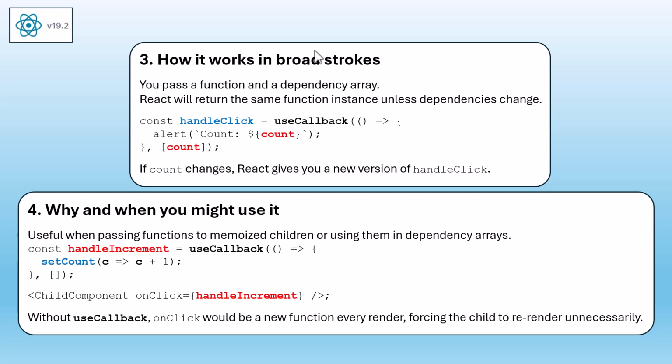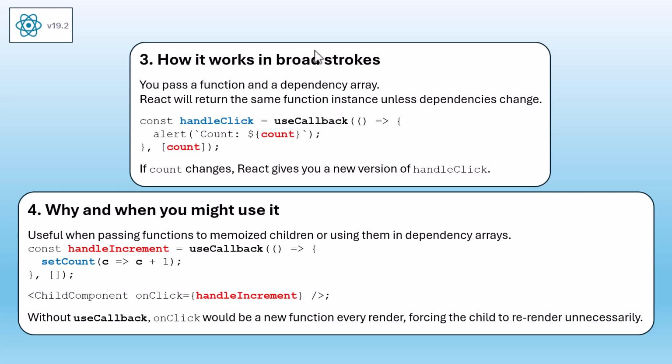If none have changed, you get back the same function you got last time. If any have changed, you receive the new function defined in this render, and that becomes the new, cached value going forward. Also, since useCallback is a hook, it must be called at the top level of your component, or custom hook, and not conditionally or inside loops.